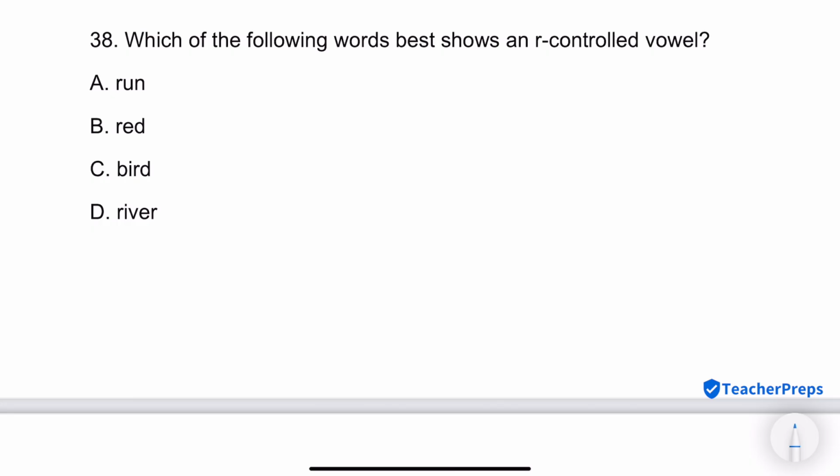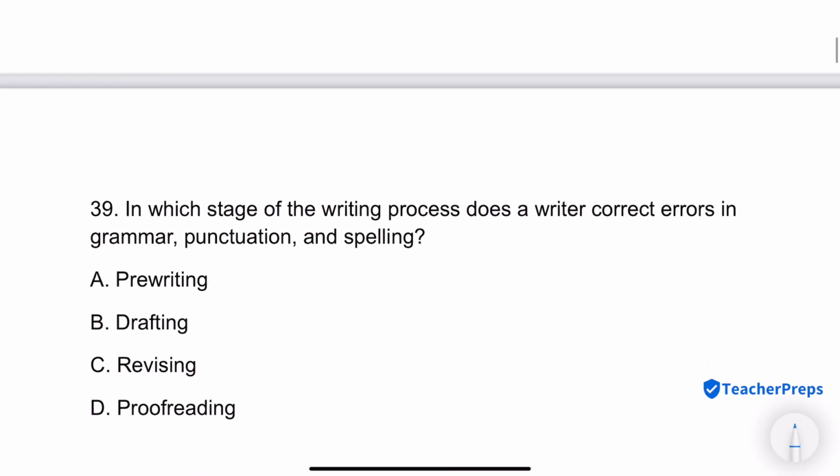That's how I think about it. At least the R bosses the vowel around, changing its sound. So although all of these words, run, red, bird, river, all have R's, which one is the R-controlled? That is option C, bird.